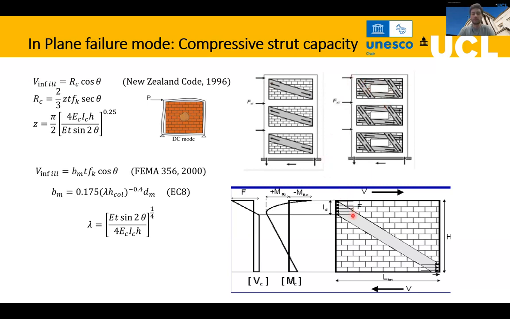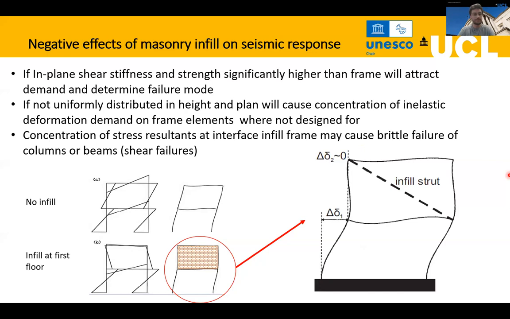But the most important problem of these struts is that an additional load that is not considered will be applied to the column over here. So you will have a different shear behavior and a different bending moment behavior. Your column probably will not be designed to withstand this type of shear behavior.